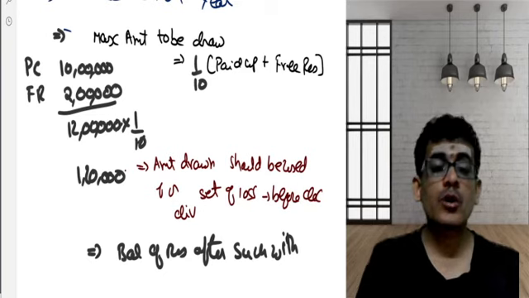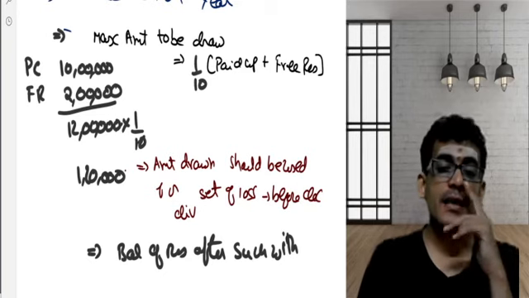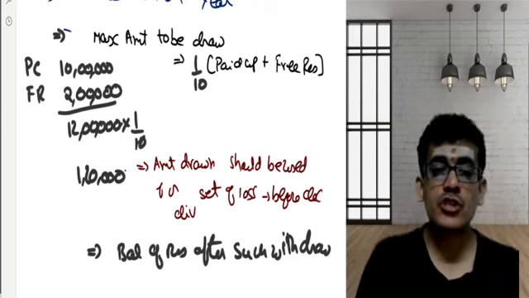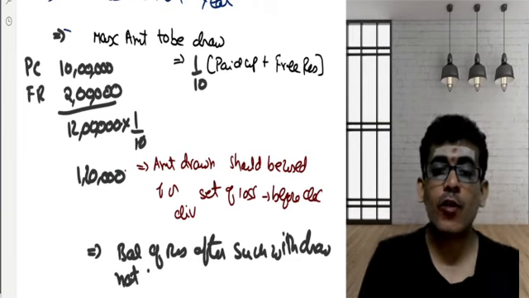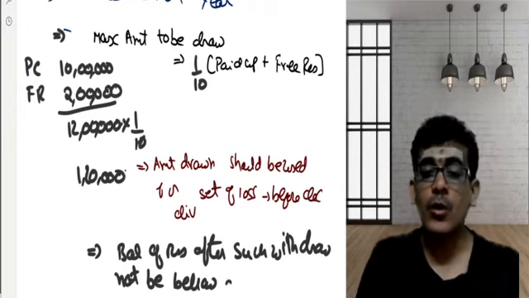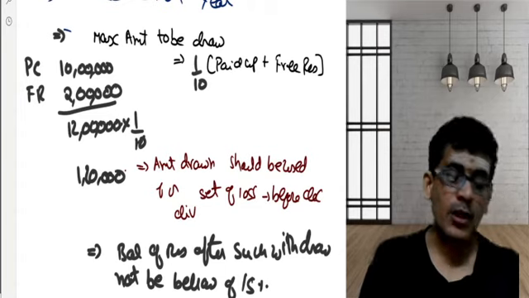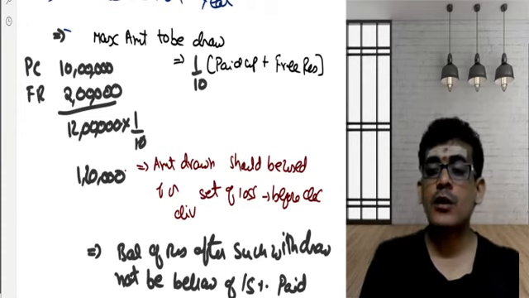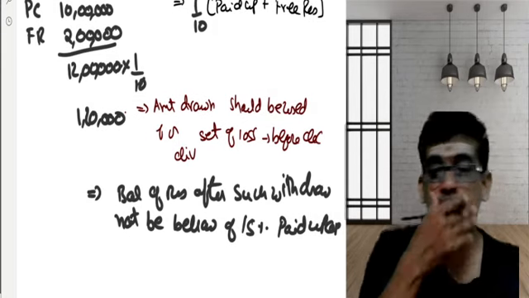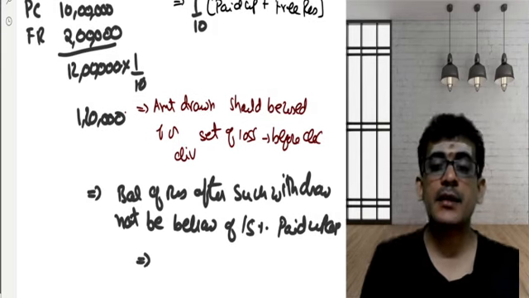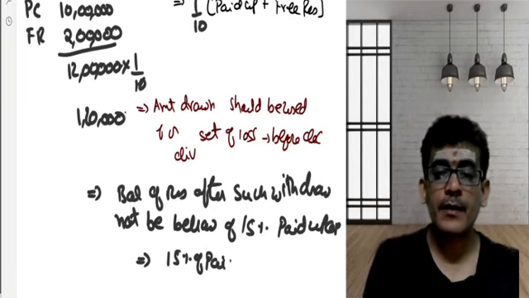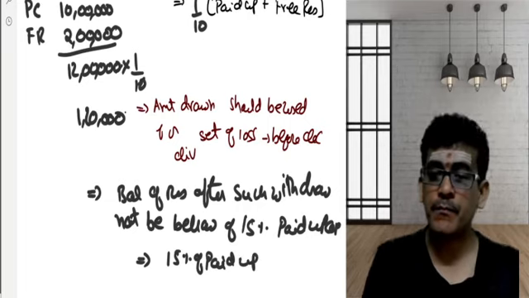You are withdrawing some amount, say 1,20,000. The balance of reserve after such withdrawal shall not fall below 15% of your paid up capital. That means, take 15% of paid up capital.